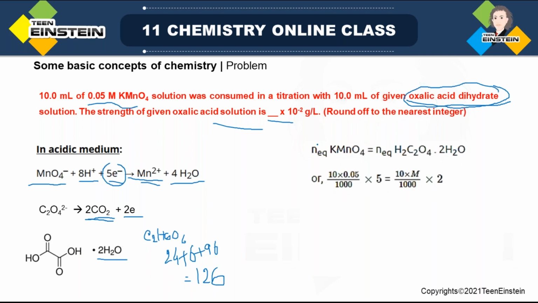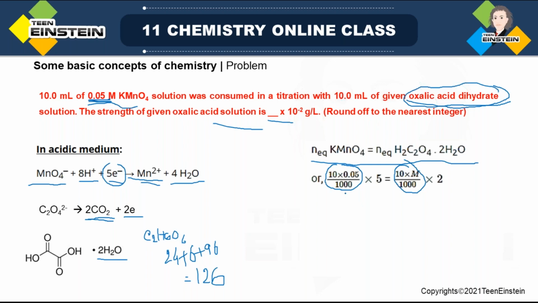Now for any reaction, that is the reaction between KMnO4 and C2O4, the balanced equation, even if you do not write it, is fine. You don't need to do that. But this is important information. N equivalent of KMnO4 is always equal to N equivalent of H2C2O4, in terms of equivalent, not in terms of mole. Now, this is the number of moles of KMnO4, and this is the number of moles of oxalic acid dihydrate, because 1000 ml contains 0.05 moles.